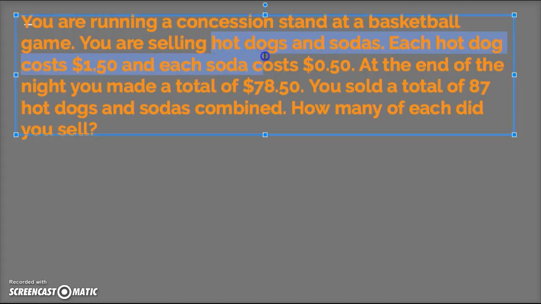We're dealing with selling hot dogs and sodas. Now, what I usually like to do to help it make more sense to me is instead of using x's and y's in my equations, I like to use variables that will make sense. So if I'm talking about hot dogs and sodas, I think I'm going to use an h for hot dogs and an s for sodas, just so I can kind of keep them straight.